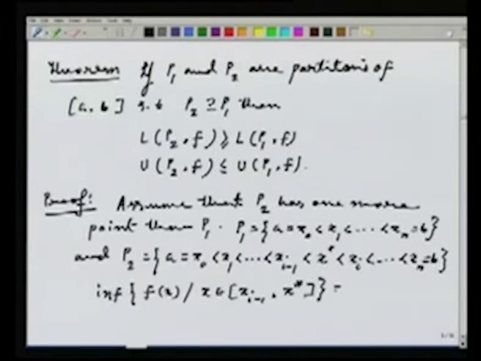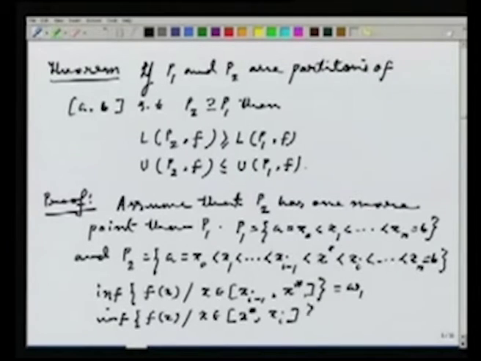I call this W1. Similarly, I can look at the infimum of fx where x belongs to the interval x star, xi. I call this W2.